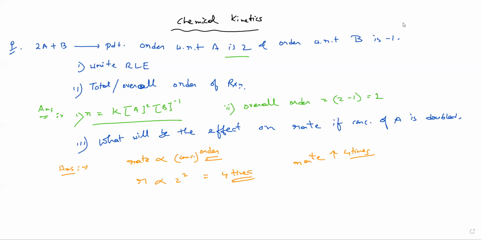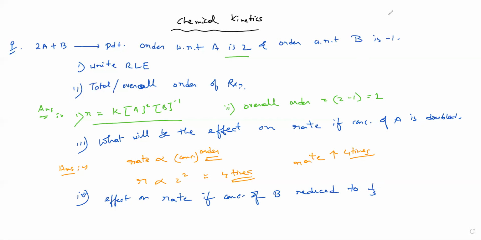Fourth question. What was the fourth question? Effect on rate if concentration of B is reduced to 1/3. Now, how can you solve?